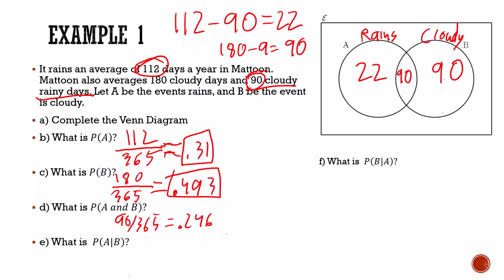I just previously did a calculation. Okay, here's the harder one. What is A given B?